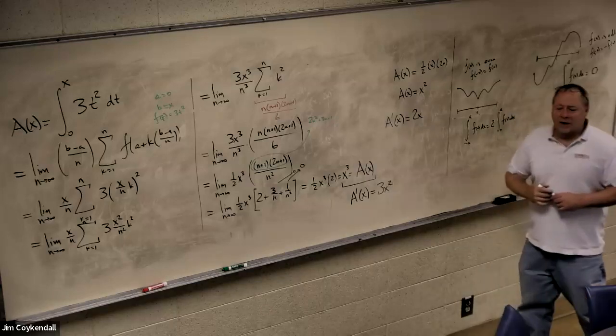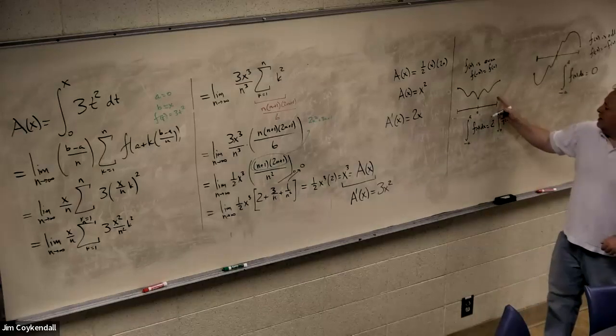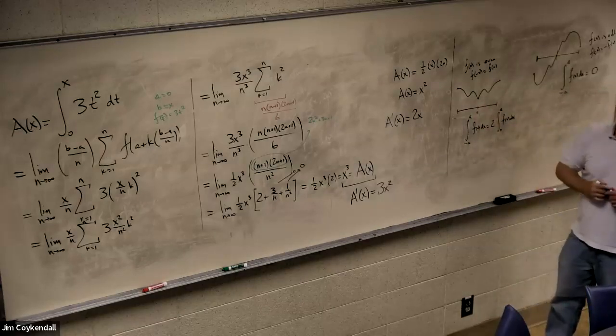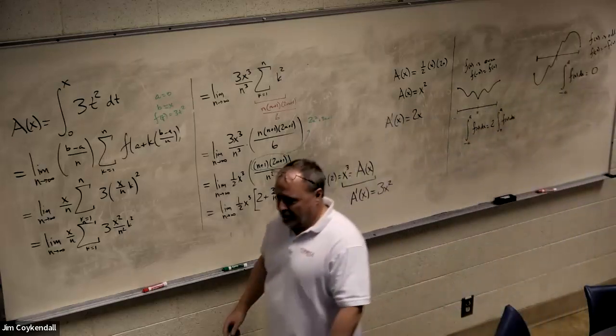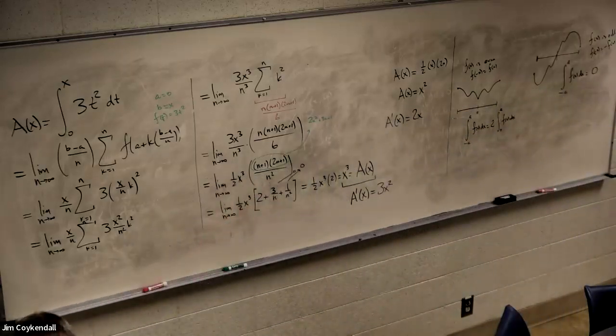So what it's saying is the area here and the area here are the same. So anyway, we're going to actually justify this later, but for now you can just take that as a given. Any questions? Okay, let us do the quiz.